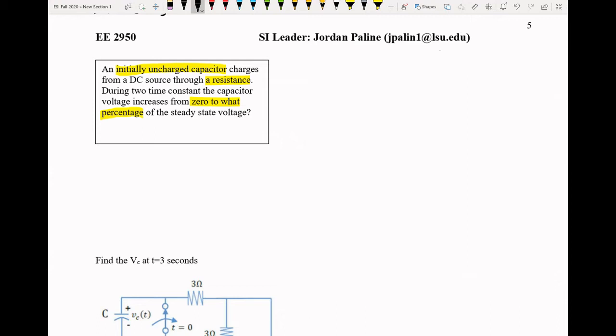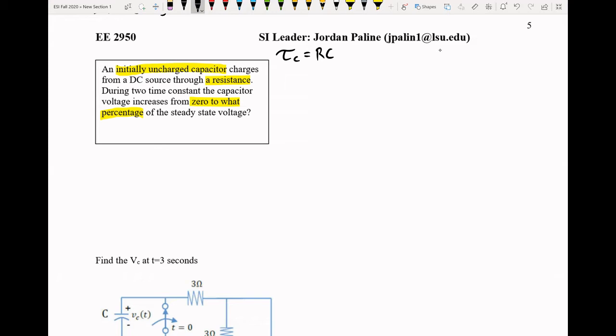Well, if we have a resistance attached to the element, then we can use something called a time constant, which is very useful for us. So for a capacitor, the time constant is going to be equal to RC. This is just a natural property of the system.